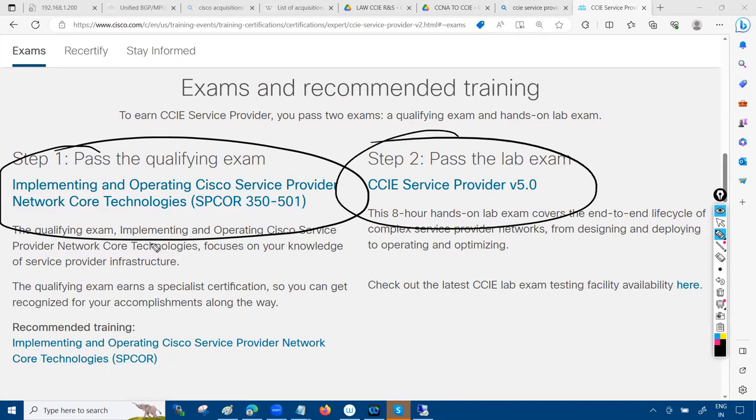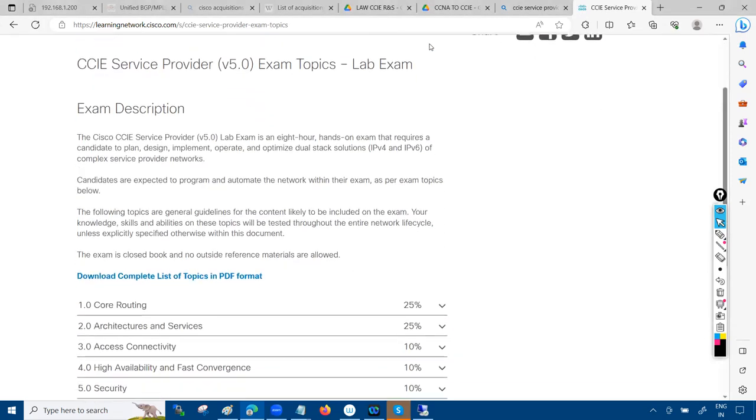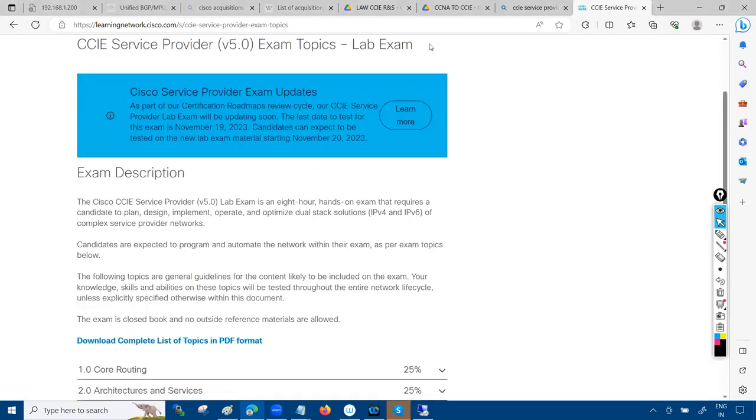We are going to cover the SP core, that's the CCNP, you can call it, and we are going to cover the CCIE too. I'll just open one of the papers right now. CCIE service provider, because if you do the CCIE, it will all automatically be covered. I'll send you the link as well, so you can follow the topics.